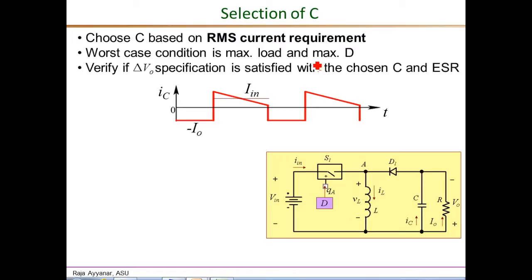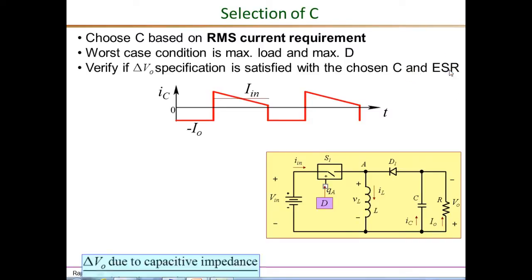Once we select the capacitor based on this requirement, it is most likely that it will also meet the delta VO specification, the output voltage ripple specification, which is an important performance specification. But we still need to verify that by looking at the expression for delta VO, both due to just the ideal capacitive component as well as due to the ESR.